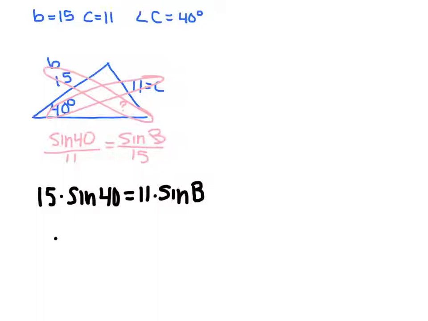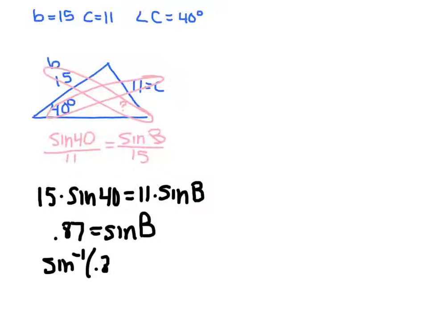I get 0.87 equals the sine of b. Now remember, if you're using your calculator to find an angle, you're going to press the inverse button. So I'm going to do the sine inverse of 0.87 to get angle b. And my calculator tells me 61.22 degrees.